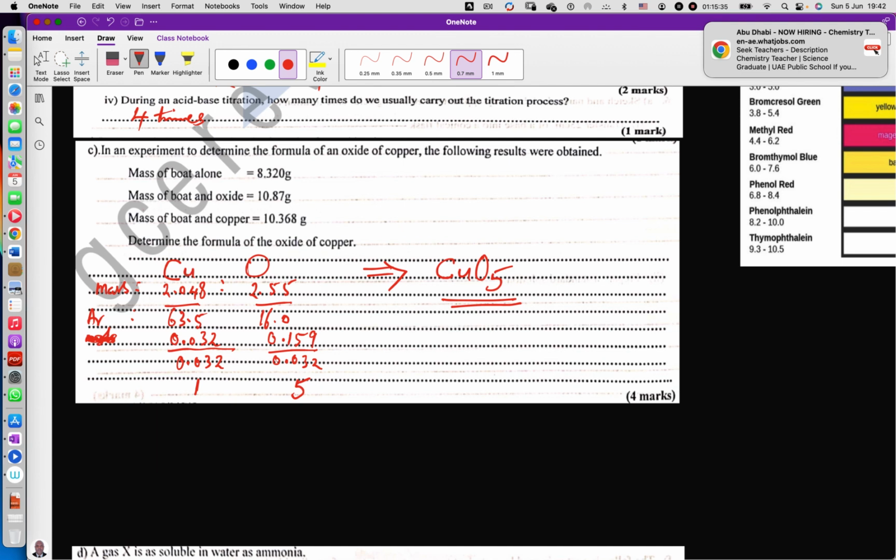After the deduction, I have the mass of copper to be 2.048 and the mass of oxygen to be 2.55. The relative atomic mass of copper is 63.5, and the relative atomic mass of oxygen is 16.